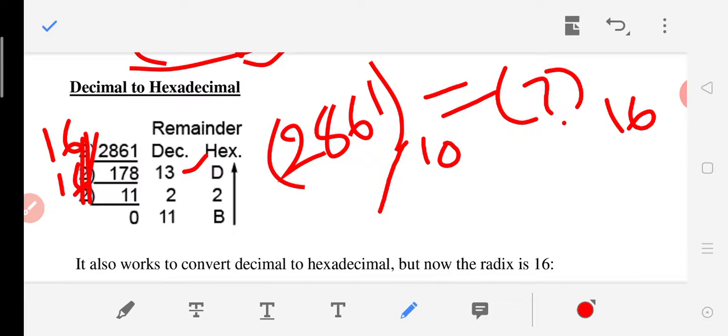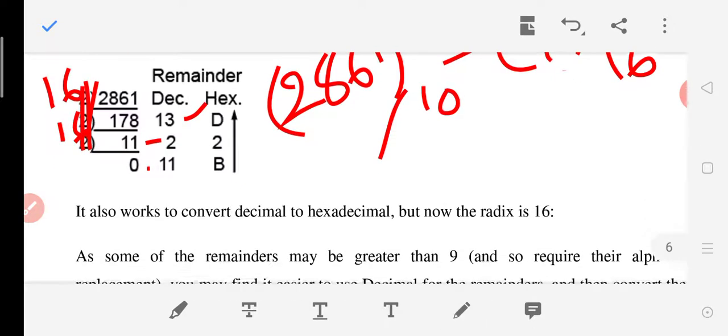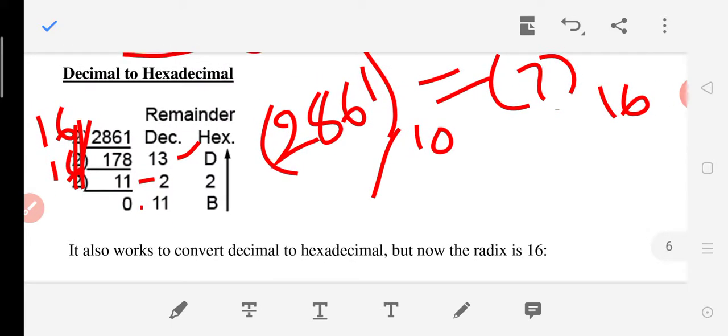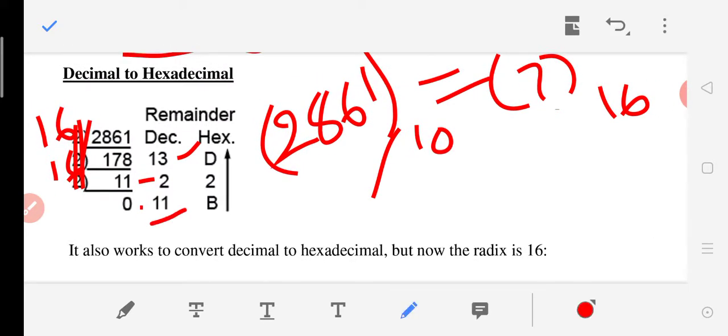So we collect the remainders 11, 11, 2 and 13. Note this point: there is no 11 in the hexadecimal number system. Keep it in mind, don't forget this. Hexadecimal only has 0 to 9 and A, B, C, D, E, F. There is no 13 either.